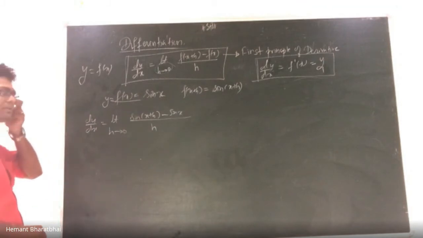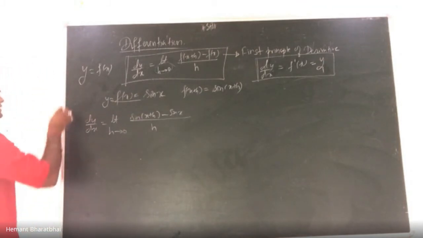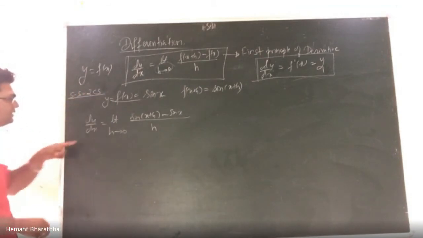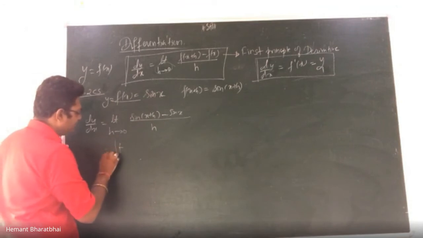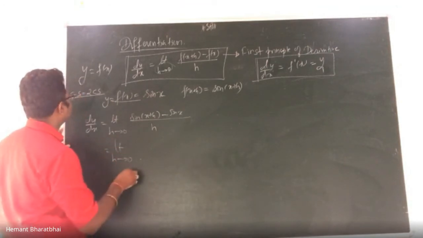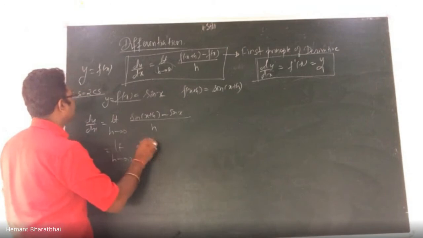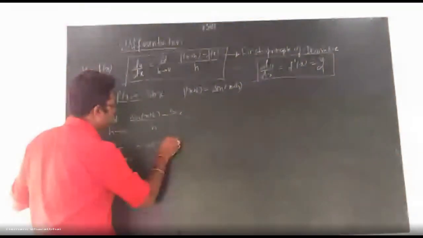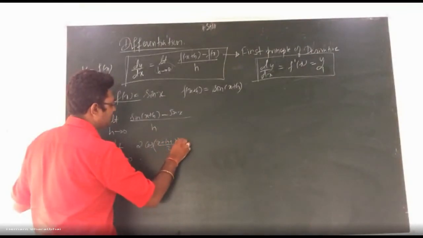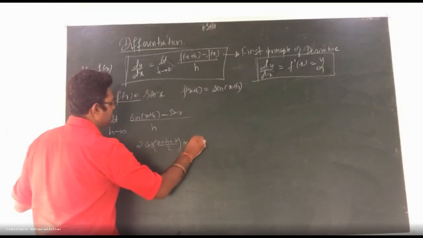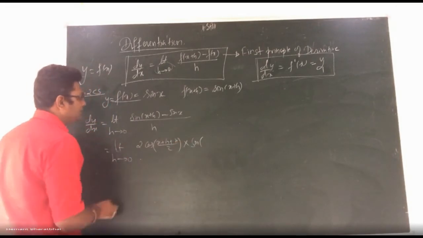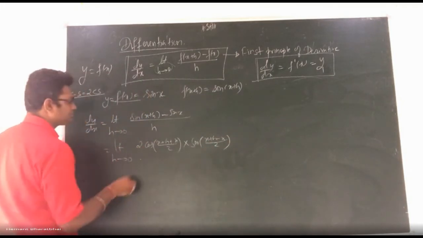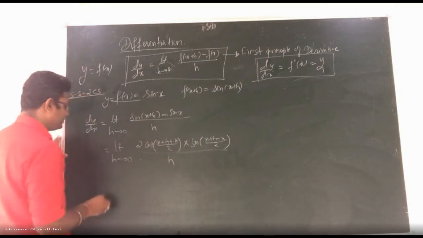So we have the sum into product formula. This is how I remember: sin minus sin is equal to 2 cos sin. So this can be written as limit of h tends to 0 of 2 cos of a plus b by 2 into sin of a minus b by 2. So that will be cos of x plus h plus x upon 2 into sin of x plus h minus x upon 2, the whole upon h.